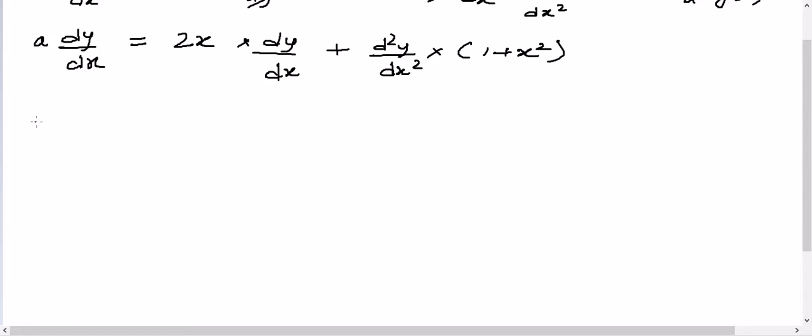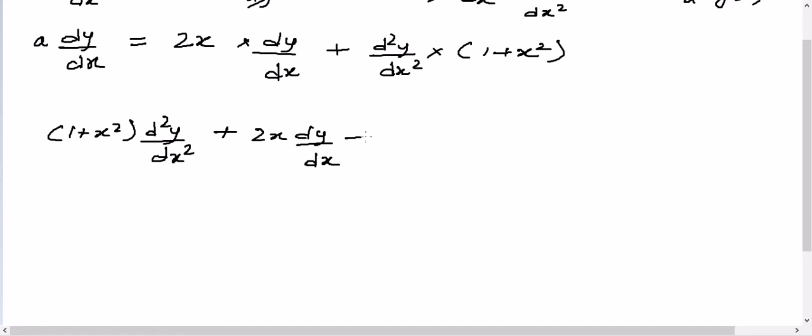So we just need to rearrange it now. So it is, okay. We are subtracting a dy by dx from both sides, so it will be 1 plus x square d square y by dx square plus 2x, okay, let me write it in here, 2x dy by dx minus a dy by dx, right, is equal to 0.